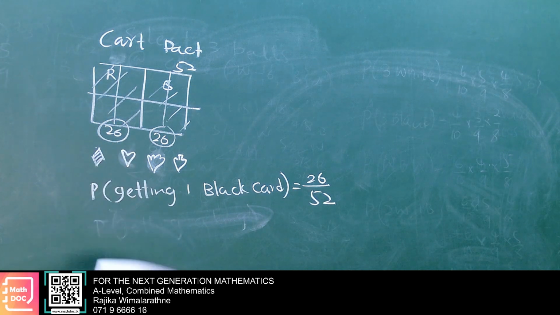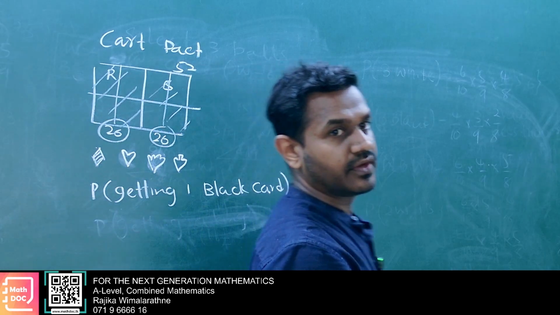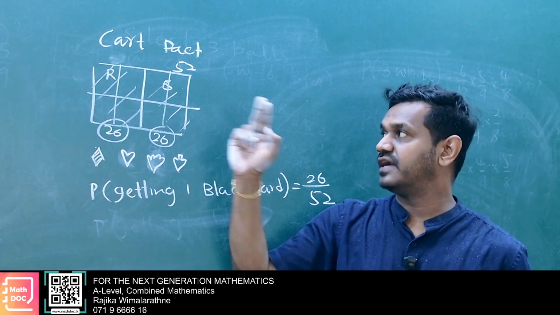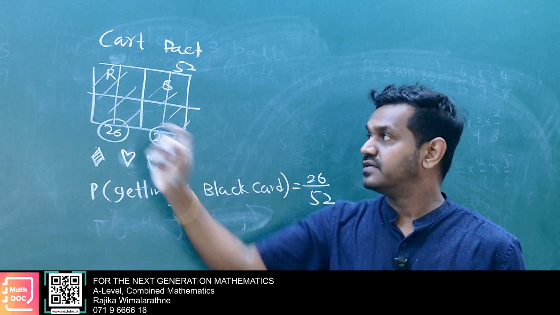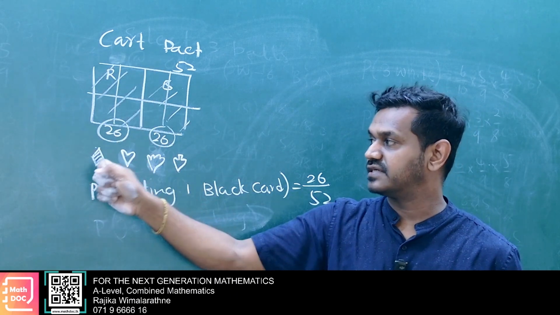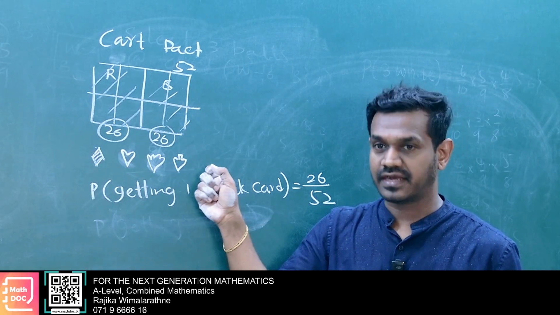Okay, do after that. Altogether 52 cards, half red, half black. So 13, 13. 2 sets, diamond and hearts, and here 2 black sets.